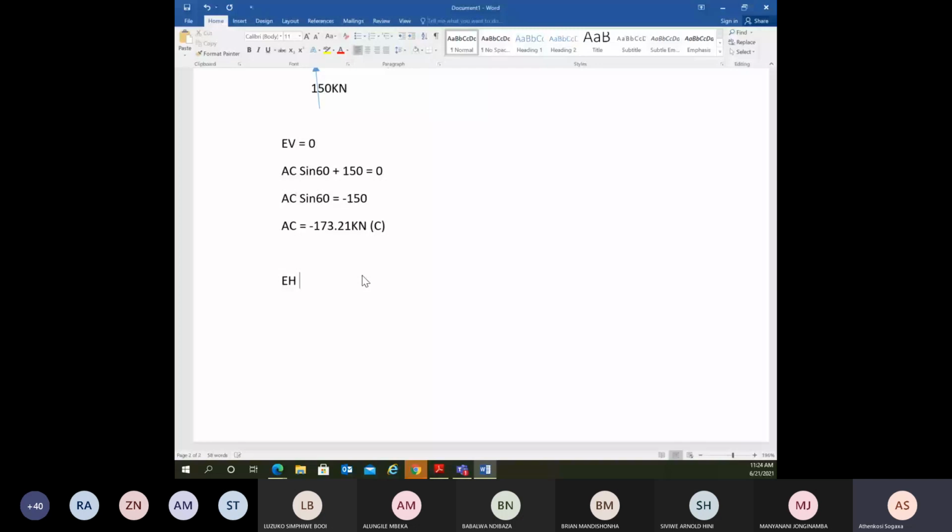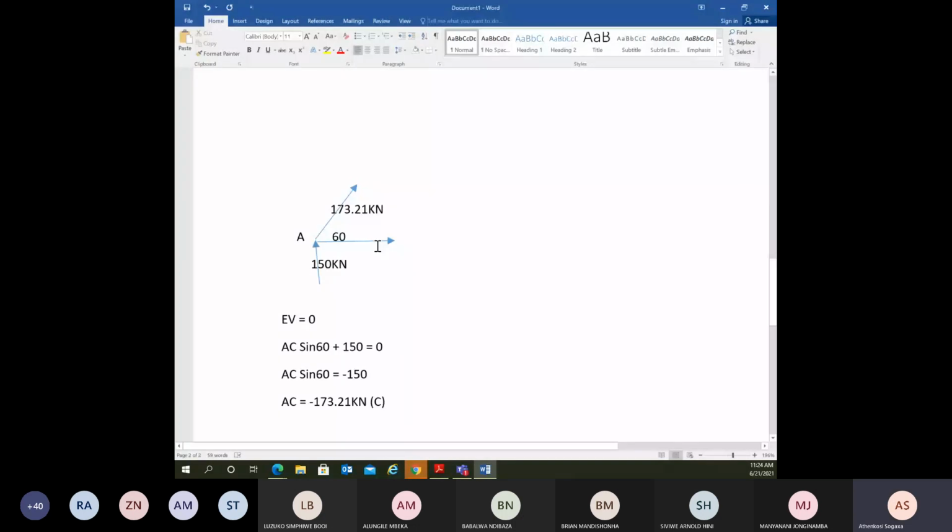For me to resolve AB, I need to add my horizontals. Now I've determined the force in AC, 173.21, is in compression rather than tension.